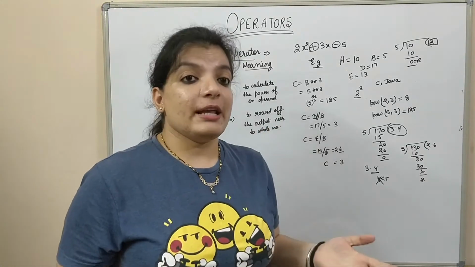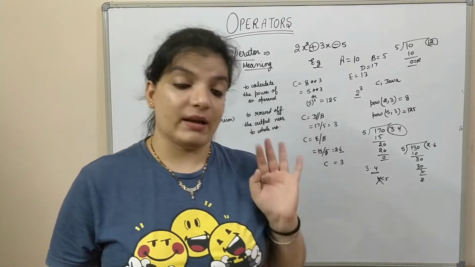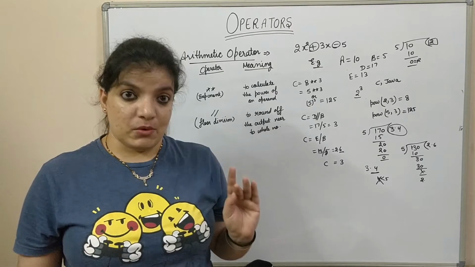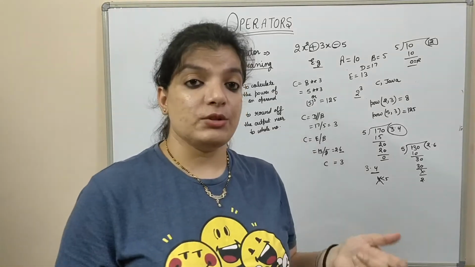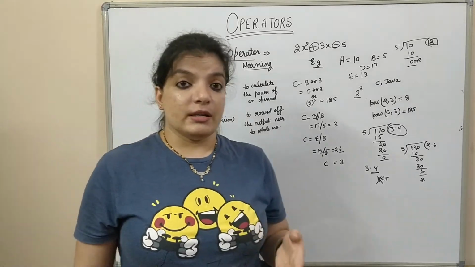In arithmetic operators we have 5 common operators used by C, Java and Python, that are plus, minus, multiply, division and mod. Extra operators used by Python only are exponent and floor division.